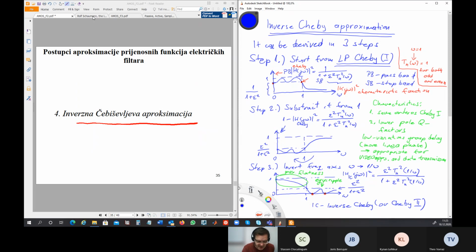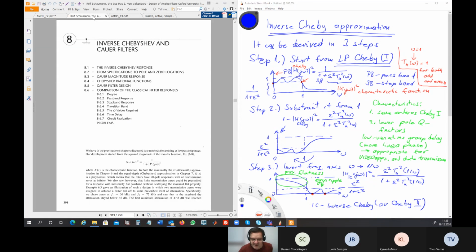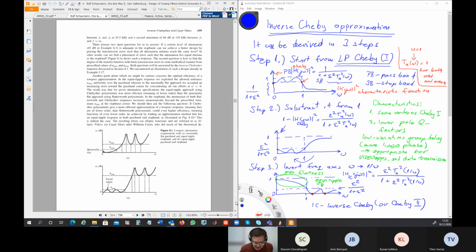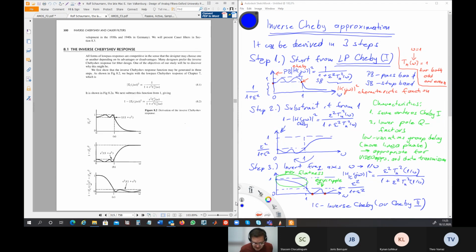Of course, you can learn everything about it in chapter 8. So let me see. This process of derivation is here. So you see it's very simple. You can learn it from here also, but we wanted to demonstrate how it looks.